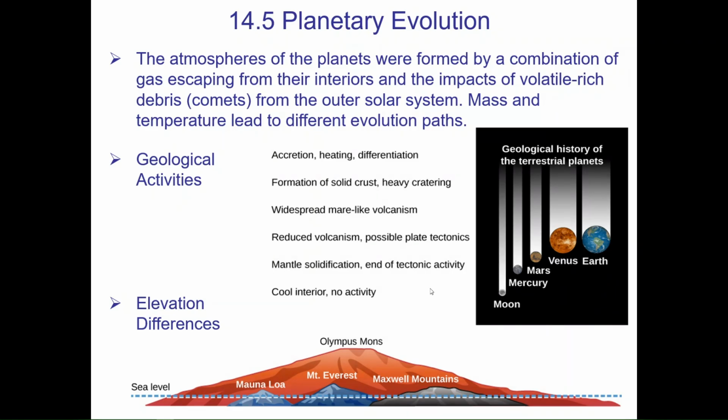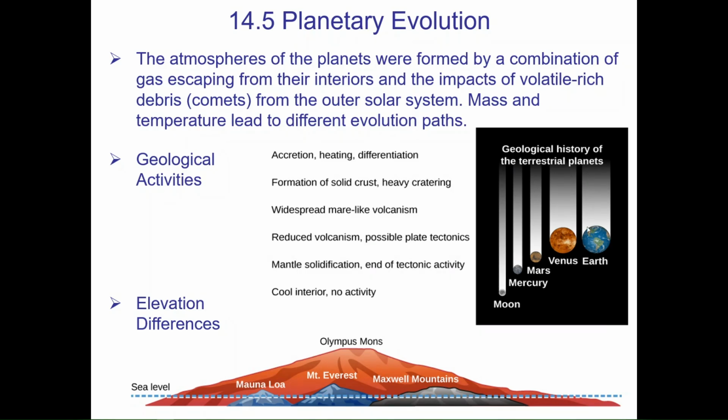And you can see for Mercury, the mantle solidification just happened, and that marked the end of tectonic activity. But you can still see some evidence of past tectonics. And for Mars, we know there was possible plate tectonics, like Valles Marineris, right?